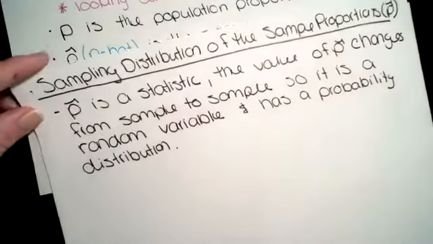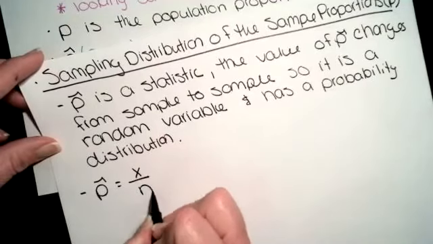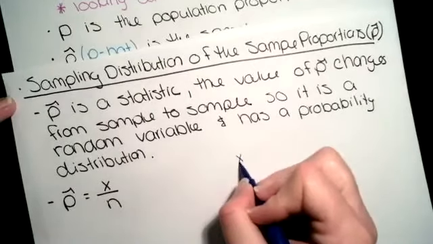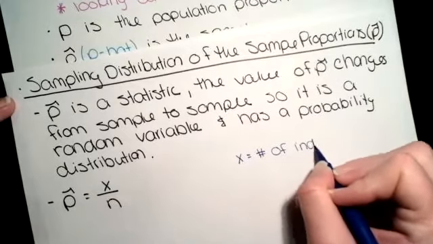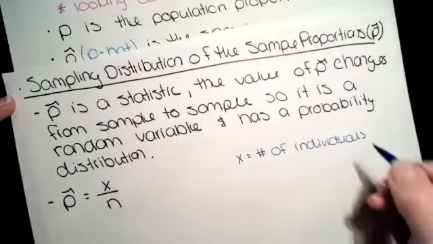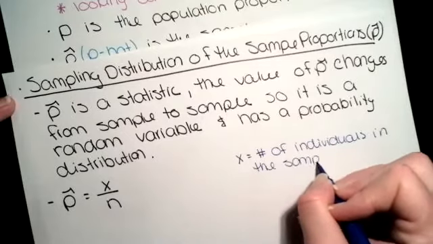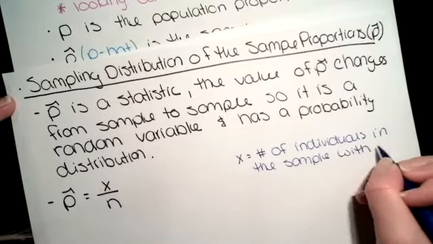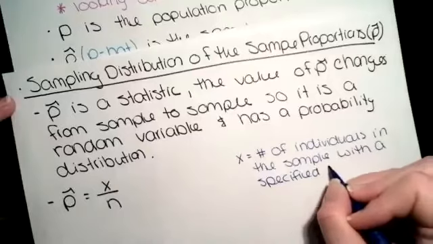Okay. I'm going to show you how to calculate p-hat. P-hat is equal to x divided by n. X stands for the number of individuals in the sample with a specified characteristic.